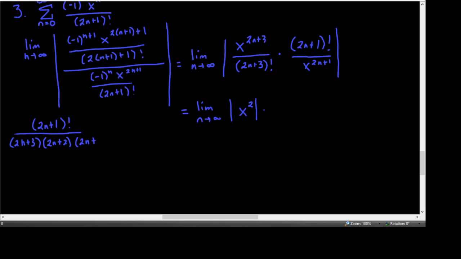I'm going to stop there and write factorial to indicate the multiplication of all the rest of the numbers. And then those 2n plus 1 factorials cancel. And so that will become, and the absolute value isn't necessary, by the way, that factorial divided by factorial simplifies to be 1 over 2n plus 3 times 2n plus 2.